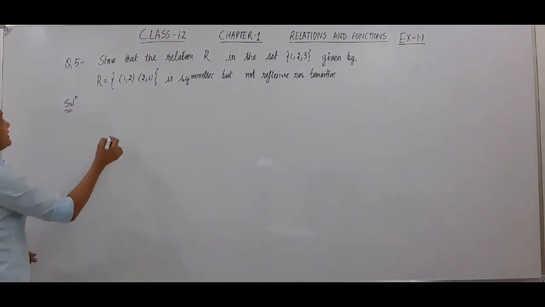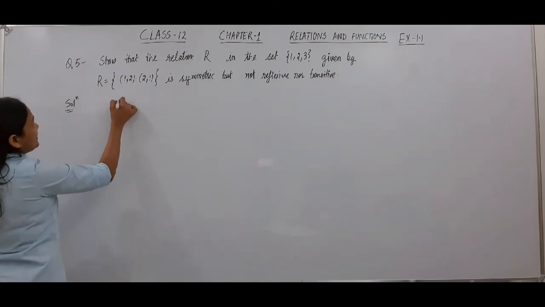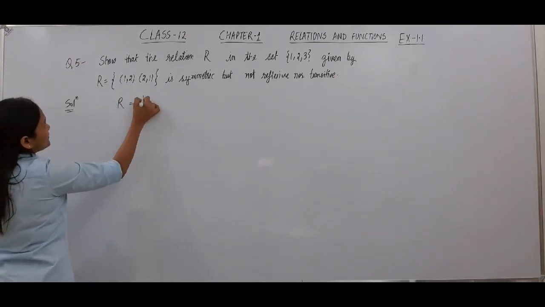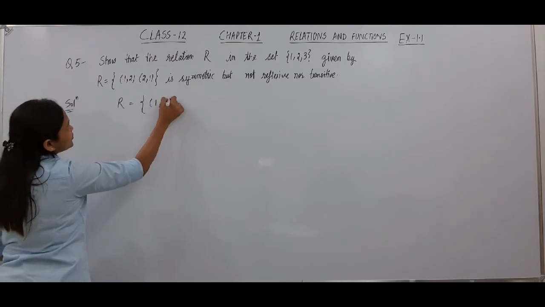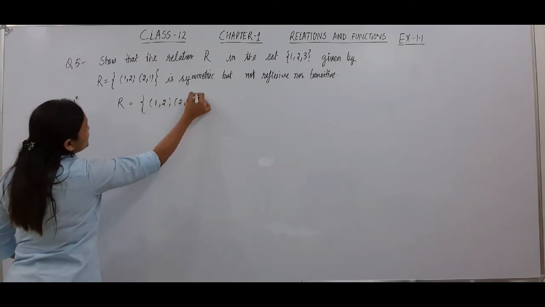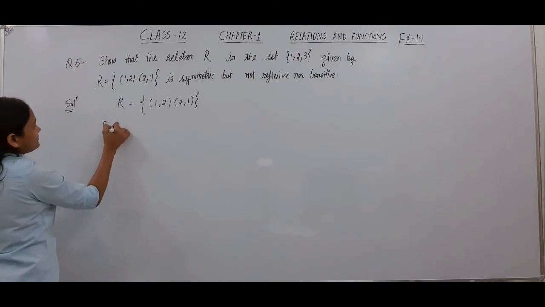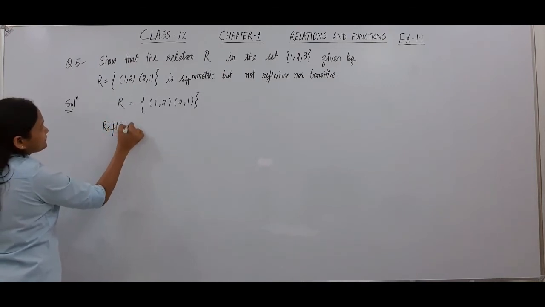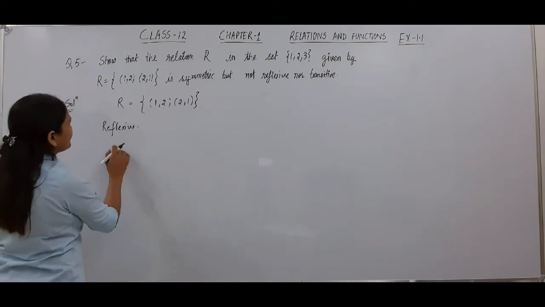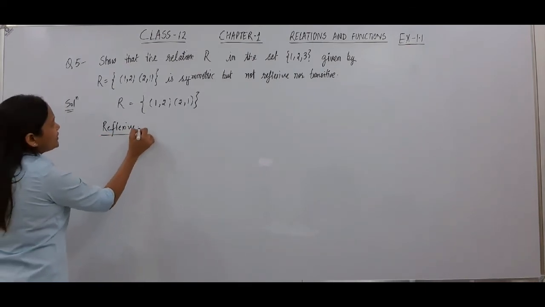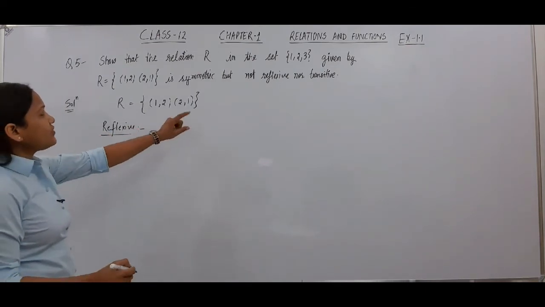So let us start with your relation is 1 is related to 2 and 2 is related to 1. So first of all, check for reflexive. Your relation is not reflexive.